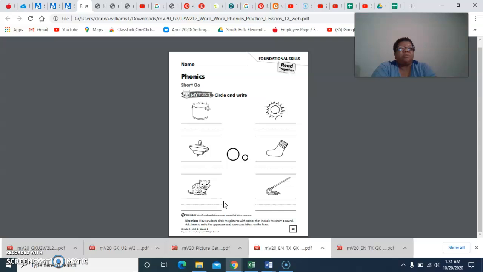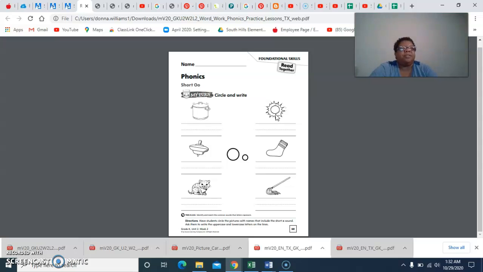Now we have two pictures that didn't have the letter O. We had sun. What letter is in the middle? What sound do you hear in the middle? It's the uh sound.